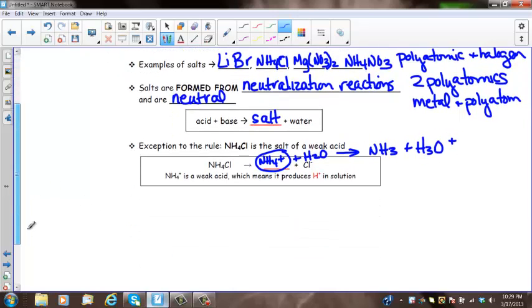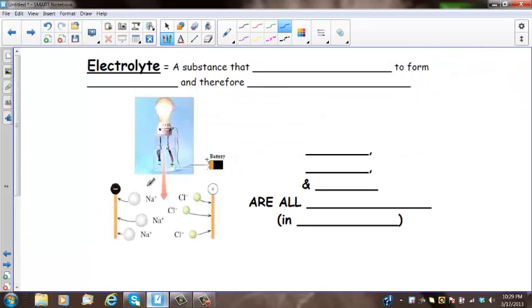Okay, moving on. An electrolyte, as we've already said, is a substance that dissolves in water to form mobile ions and therefore conducts electricity.